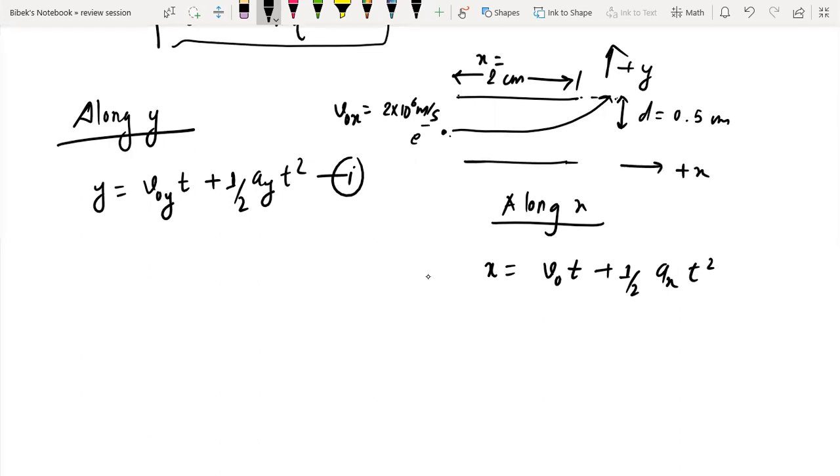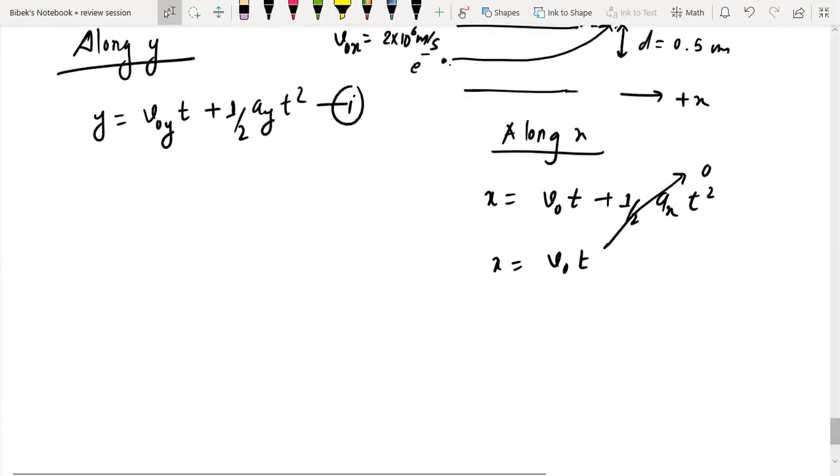So this quantity will be 0, because without a force in x you don't have any acceleration. You only end up with V0t. When you throw a projectile, you don't have any x acceleration, you only have the y acceleration, the acceleration due to gravity. It's similar to a projectile.